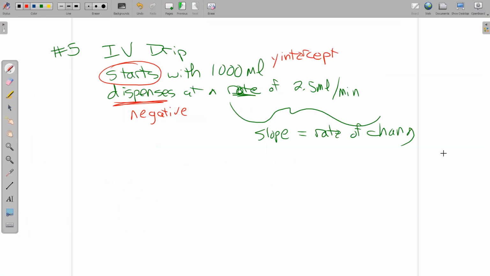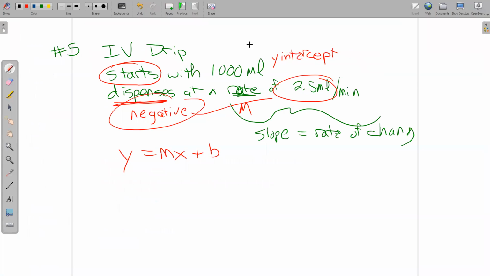Okay, so then I think, all right, linear means it's got to be a y equals mx plus b type thing. And I think I've identified m here. And I think I've identified b up there. So I think it's y equals negative 2.5 x plus 1,000.